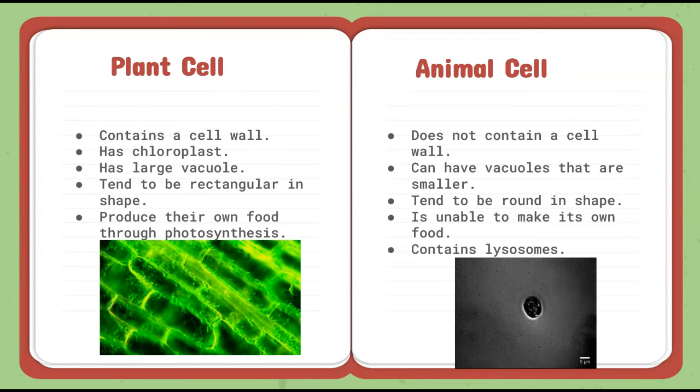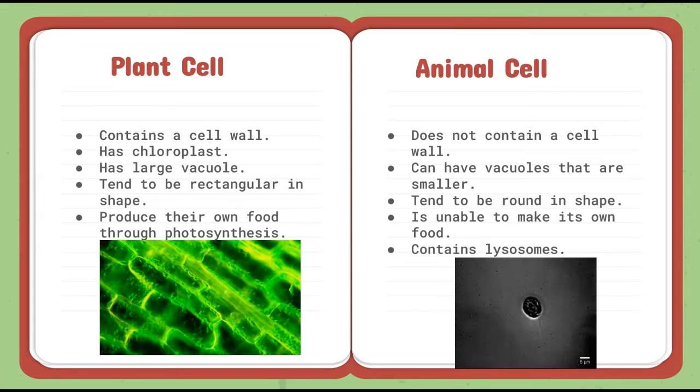Now let's take a look after reviewing all of those organelles, all 14 of them. How are plant and animal cells different? They have a lot of similarities if you remember all the organelles that were in both plant and animal cells, but how are they different? Well, let's focus on the plant cell first.